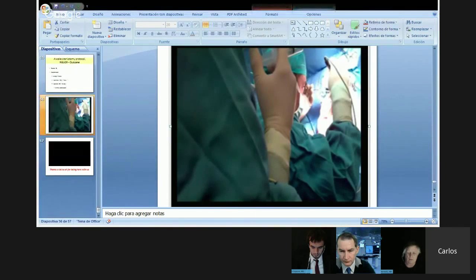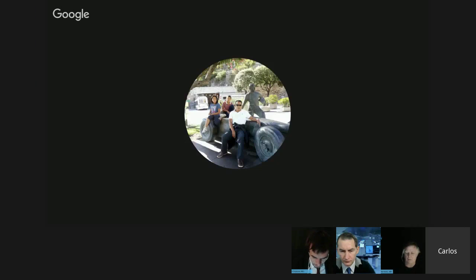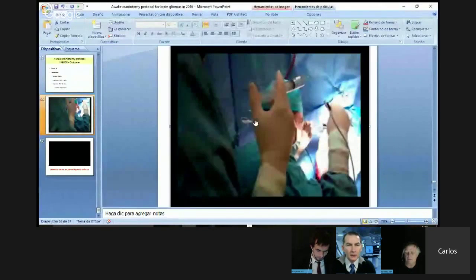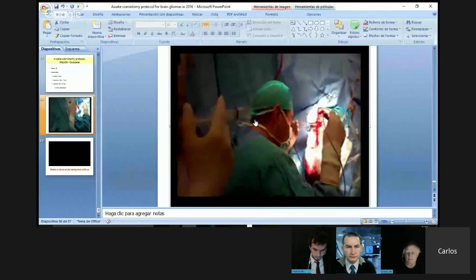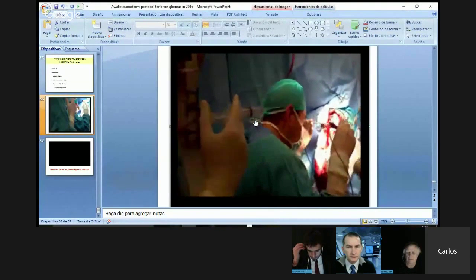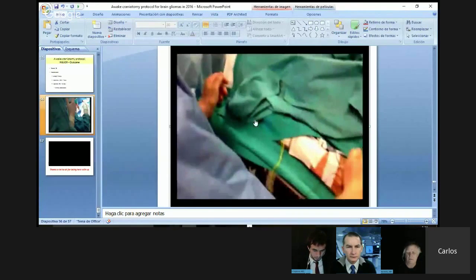We have some demonstration of how we do these kinds of surgery, where we are working in the operative area.